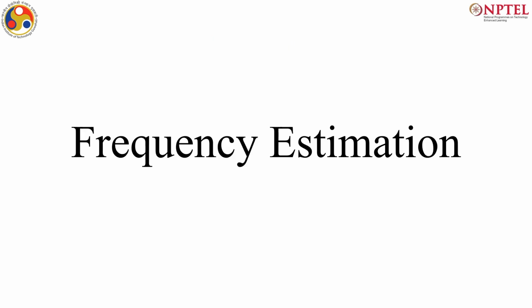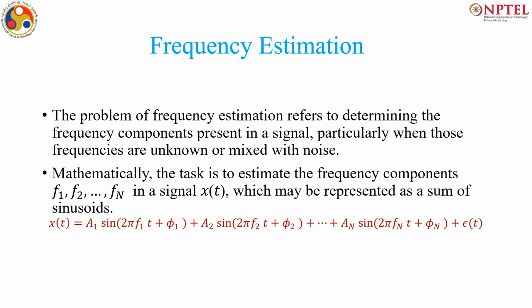So, let us move on to the second example, which is frequency estimation. So, what is the problem of frequency estimation? Now, this is the analog case where I represent x(t) as composed of some sine waves which are varying at different frequencies, having different phases and different amplitudes.